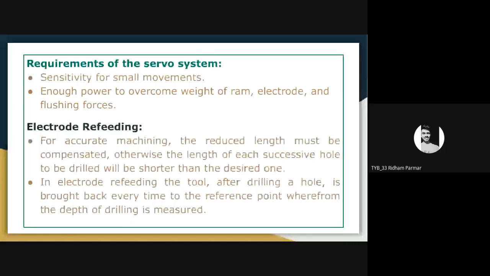So there is a gap voltage sensor in the power supply, which sends the signal to the servo system, and as soon as it senses that the gap between the electrodes is bridged by some electrically conductive material, a signal is sent to the servo system to reverse the direction.